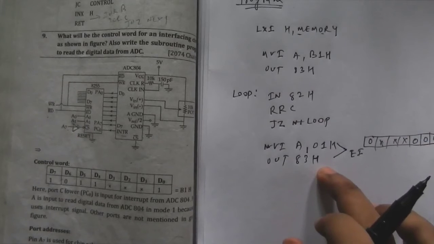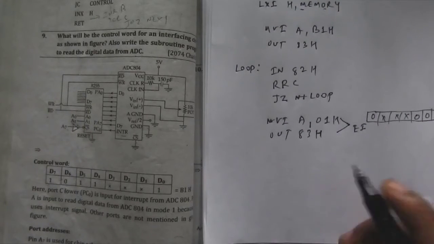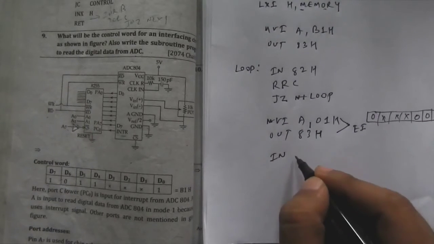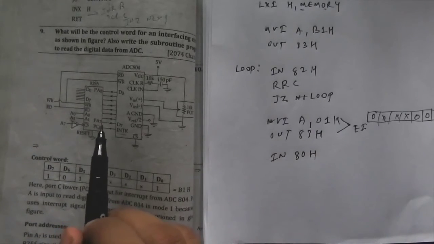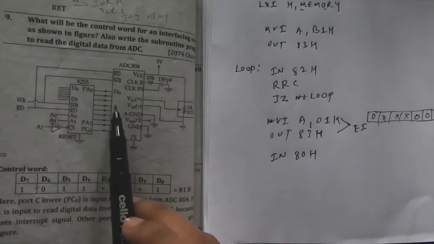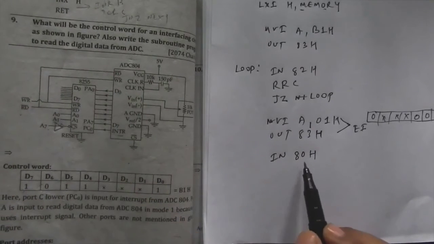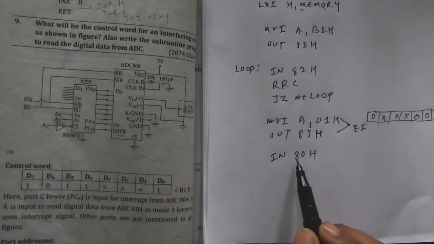Now we need to read the data from input ports. So IN 80H, because the input port is port A, and the address of port A is 80H.